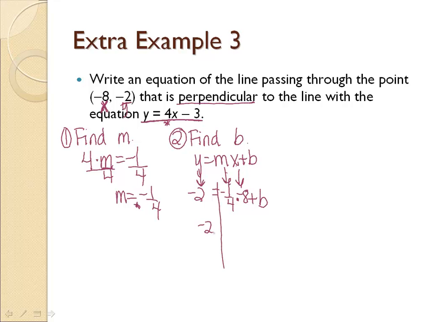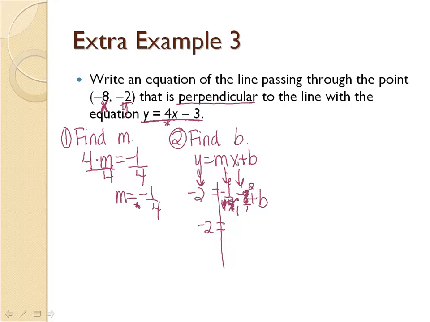So -2 equals -1/4 times a -8. Well, negative times a negative is a positive. You could either put this in your calculator, or you could think, okay, this 8 goes over 1. We've got an 8 and 4. 8's on the top, 4's on the bottom, so I could divide both of those by 4. So 4 divided by 4 isn't 4, it's 1. 8 divided by 4 is 2.